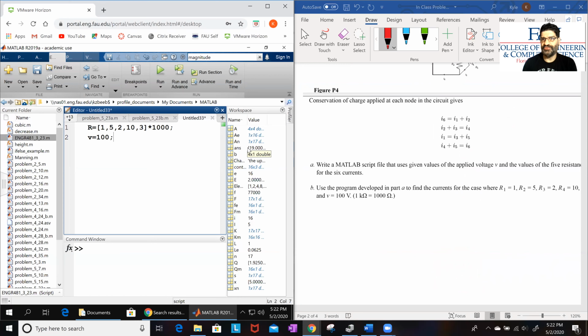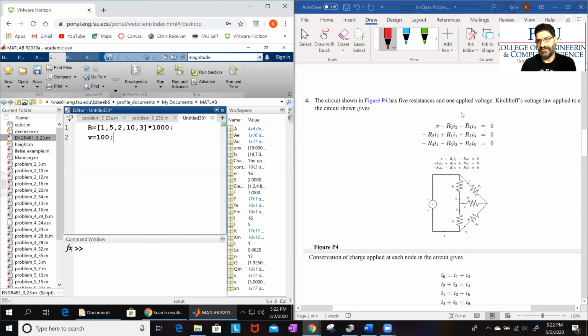So now let's do A, and let's start with the first 3 equations here. I'm going to do it from I1, I2, I3, I4, and I5, and the constants we'll take to the right-hand side.